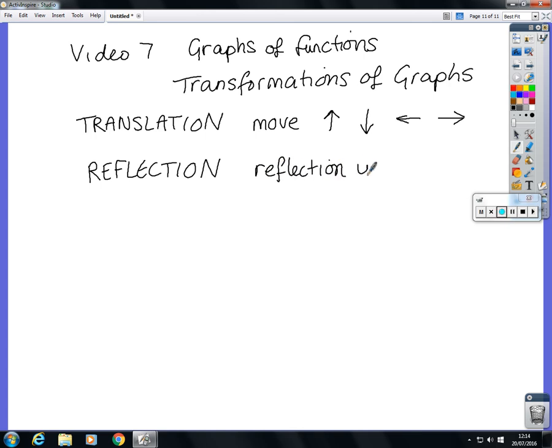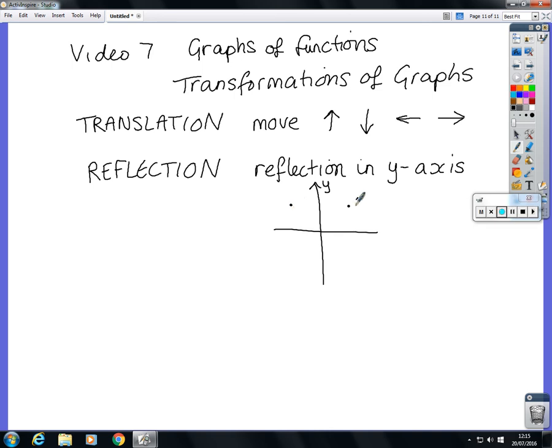Reflection in the y-axis. The y-axis is the vertical axis, so that means, imagine you're putting a mirror up and down on the y-axis. That means a point over here will move to the other side.